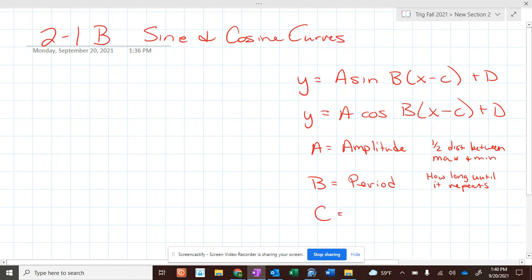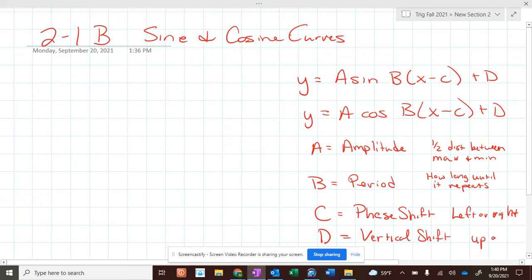C is the phase shift, left or right. And D is the vertical shift, up or down.